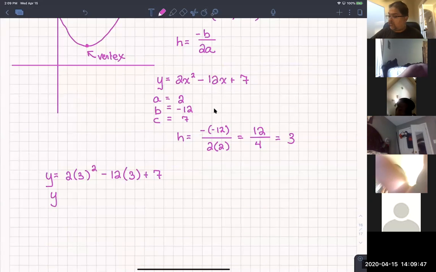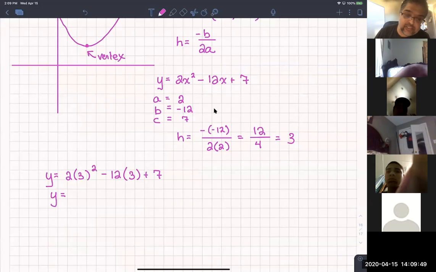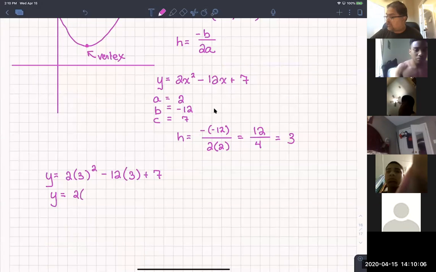So remember your order of operations. The first thing we do is exponents, then we do multiplication or division, whatever occurs from left to right. Then we do addition or subtraction. So this is 2 times 9.